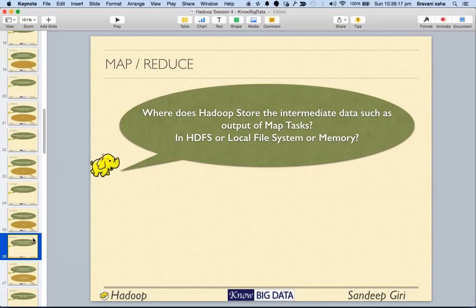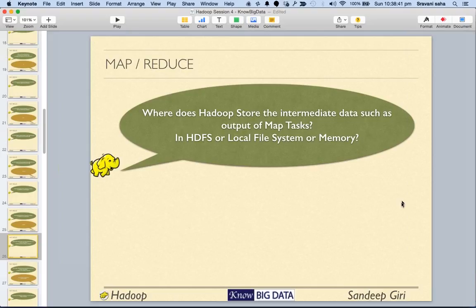Will it store those key values on the local machine, or will it push them to the HDFS? It is a little tricky question, so pay a little more attention.